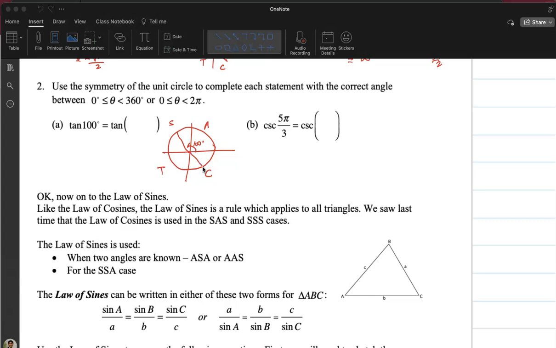So 180 plus 100 is 280. The question says use the symmetry of the unit circle to complete each statement with a correct angle between 0 and 360 only. So 100 plus 180, that is tan 280.